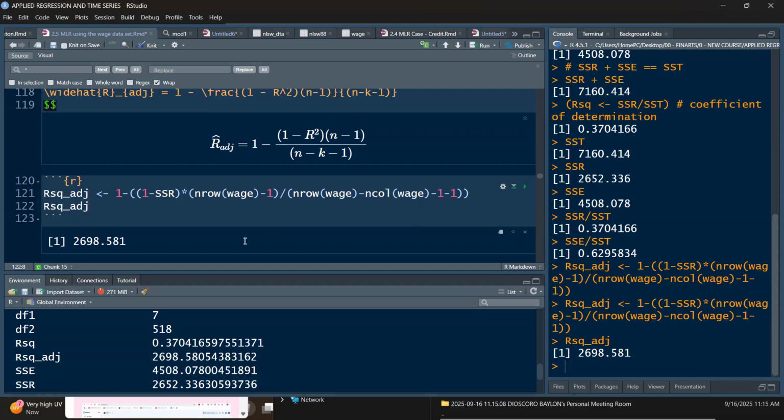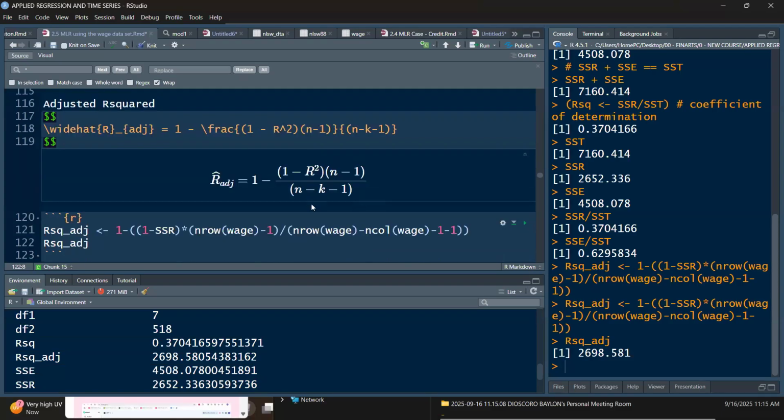One minus, no, I made a mistake. 1 minus 1 minus R squared.